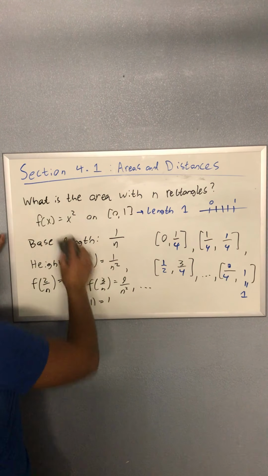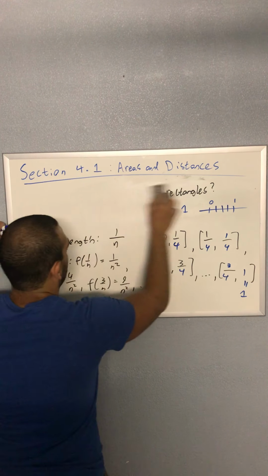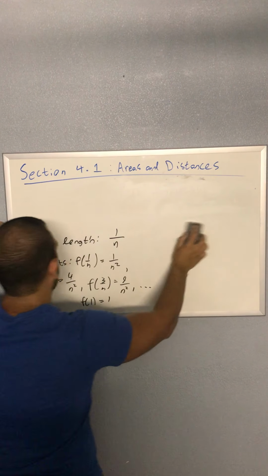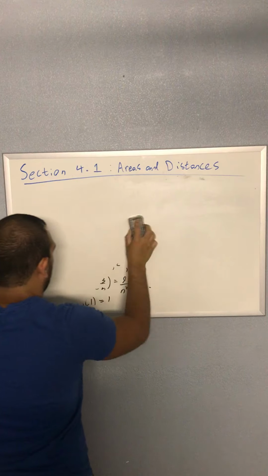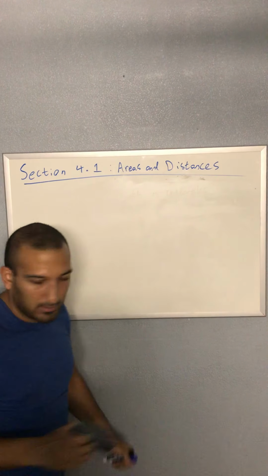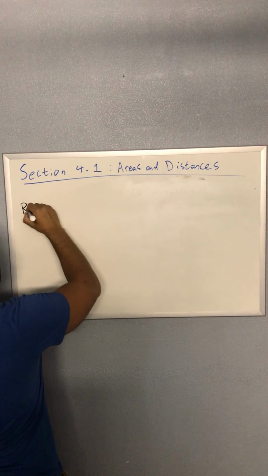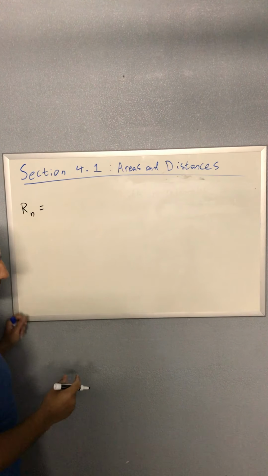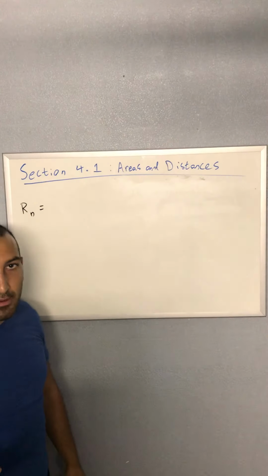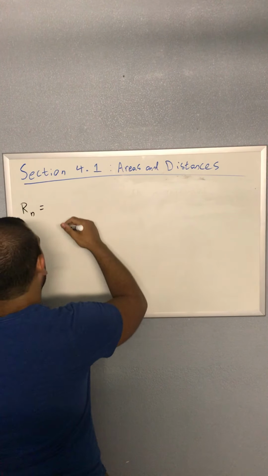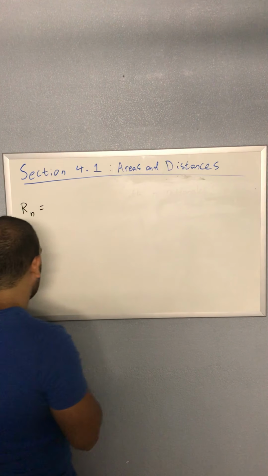Okay, so the moral of the story here is that r sub n for an arbitrary amount n is going to be the sum of the base times height, right? The areas that we had. And like last time, we can always just factor out the base, because the base is always the same.